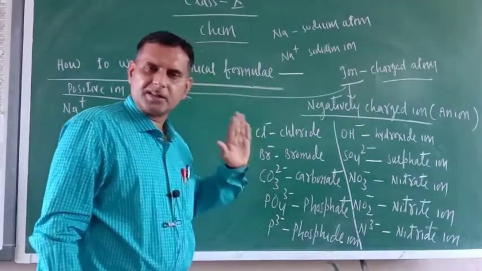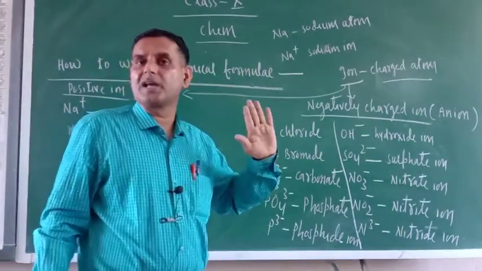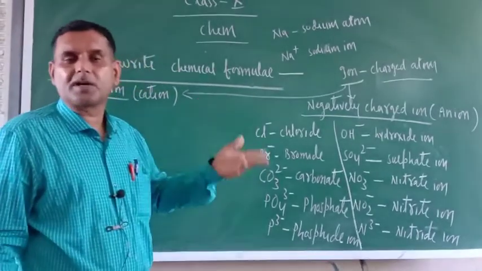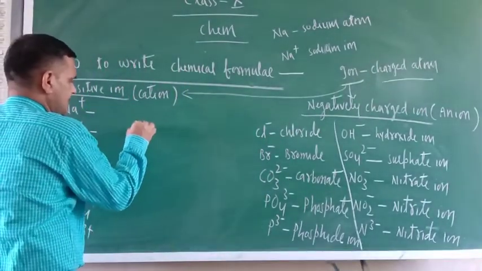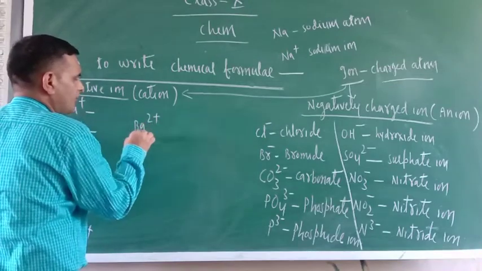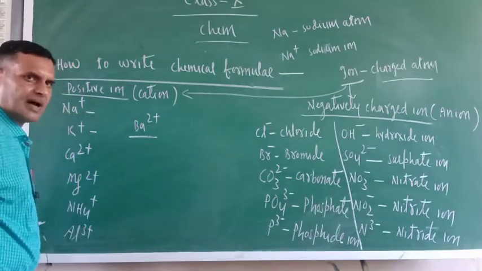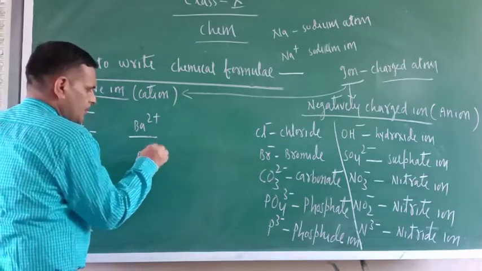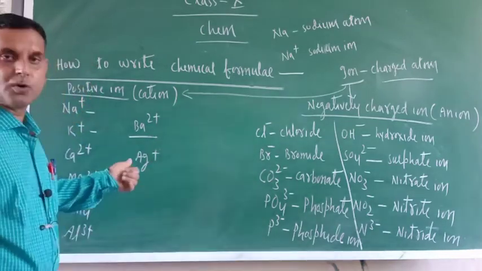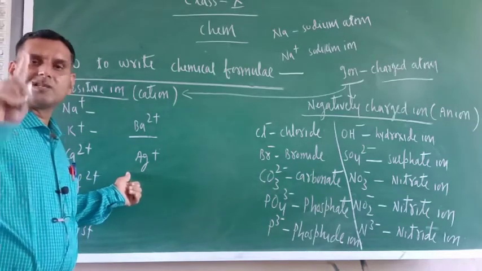Just remember, there are so many ions, and over a period of time I will tell you. Now you can add many more, like Ba2 positive, barium, this is bivalent. Ag single positive, this is silver, a monovalent cation. Mono means 1.